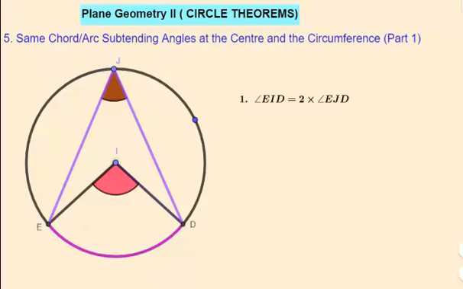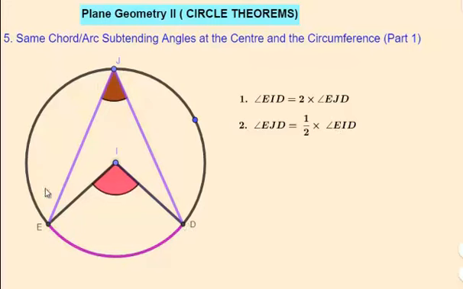And the other equation that can come out is that angle EJD is half of angle EID.